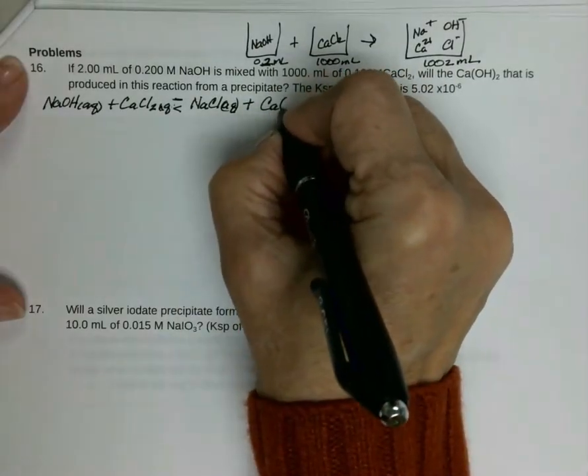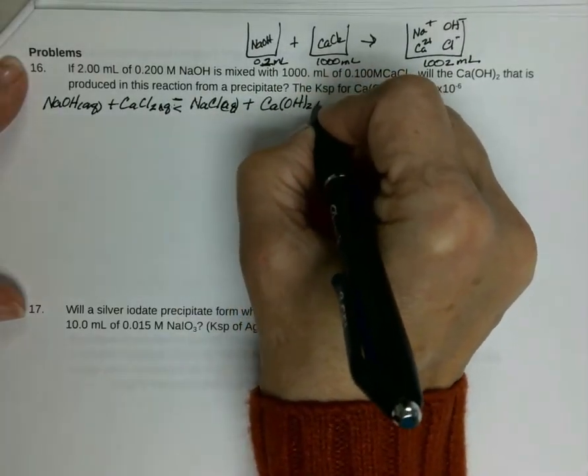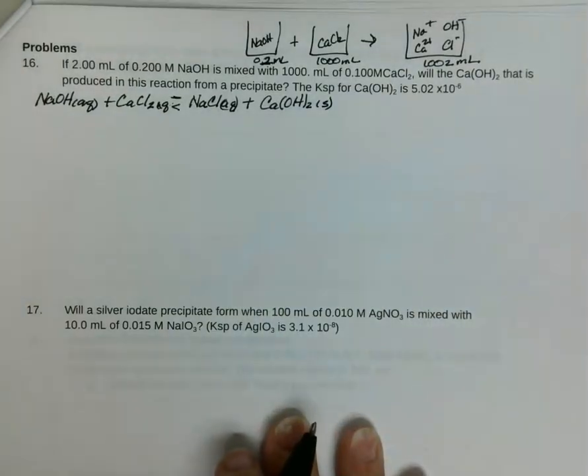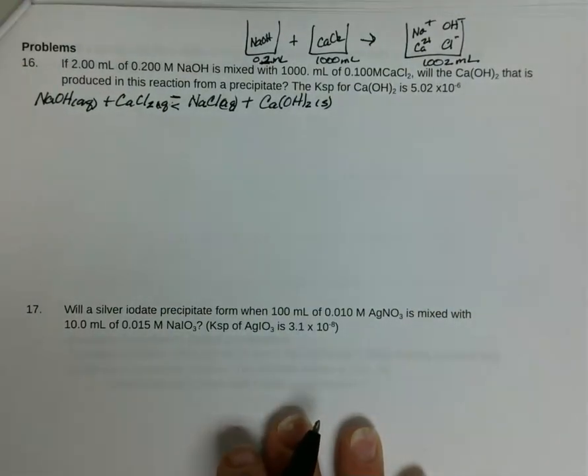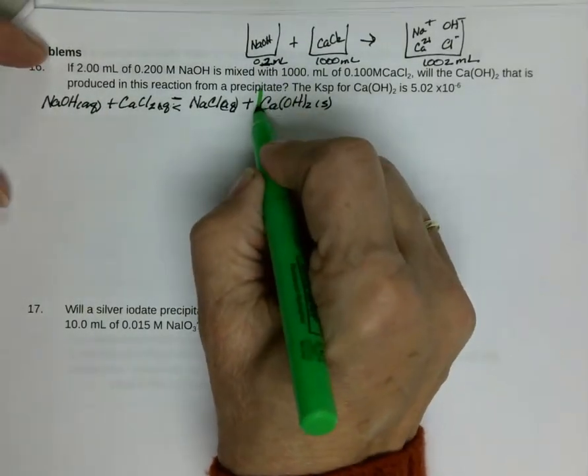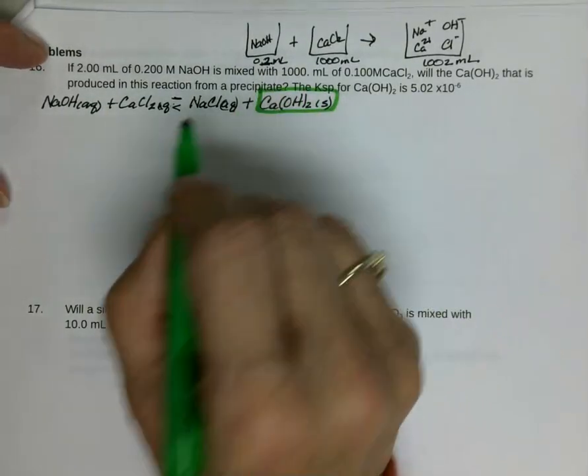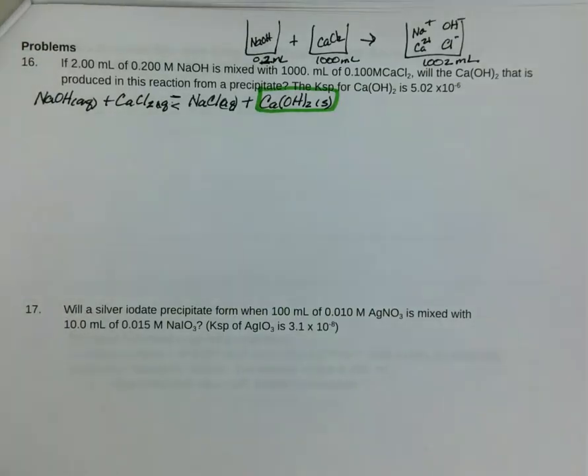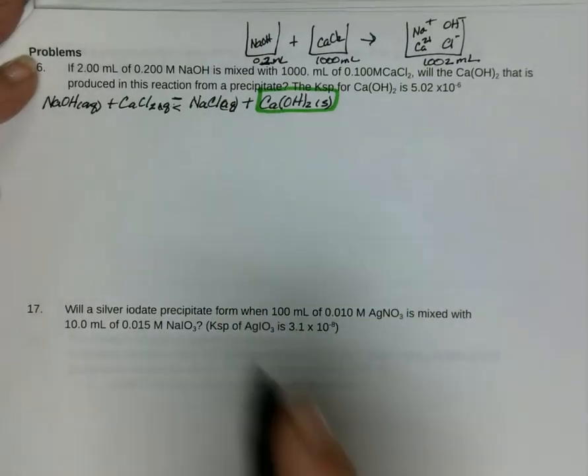But I am going to go ahead, because I don't think it hurts us to remember how we write our double replacements. So again, the question is, will this actually precipitate? Or are we still going to get an aqueous solution? So even though I put an S there, that is a question. That's what we're looking for.